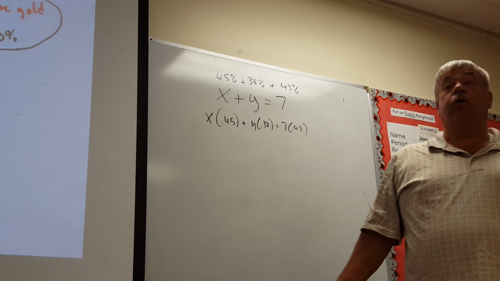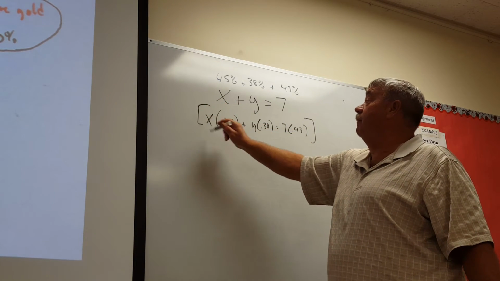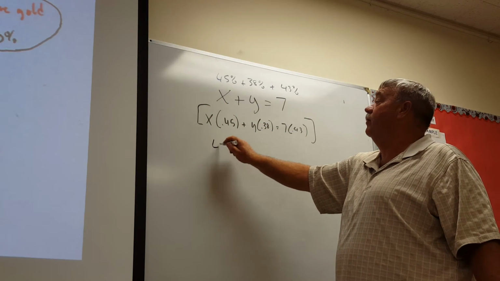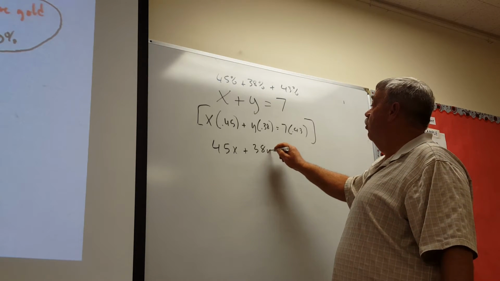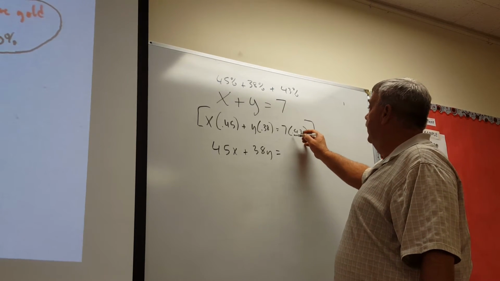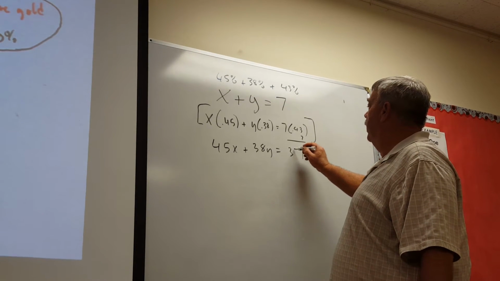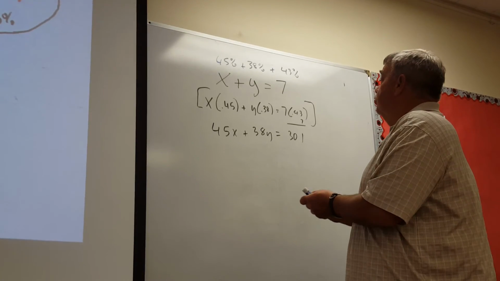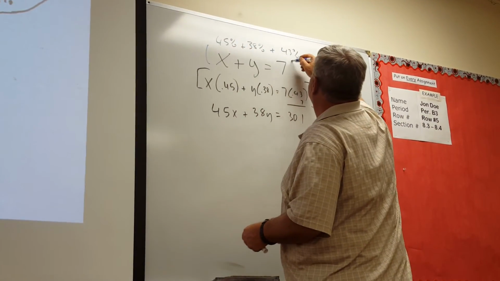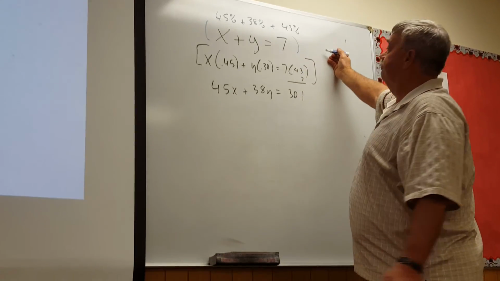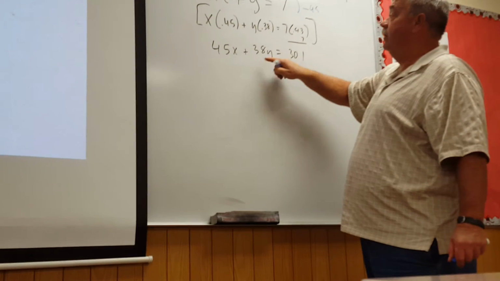We don't like to work with decimals, so since there's 2, we times by 100. 45x plus 38y would equal, that's 7 times 43, 301, okay? So, I'm gonna times this one by negative 45. You could also do negative 38.